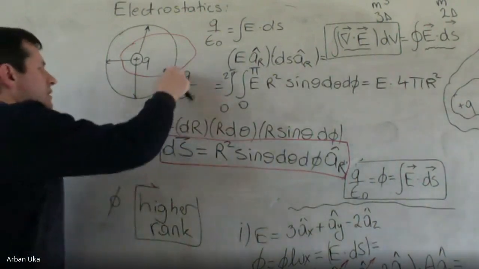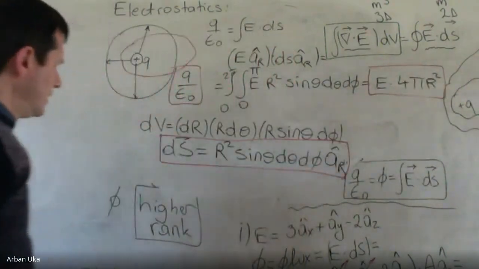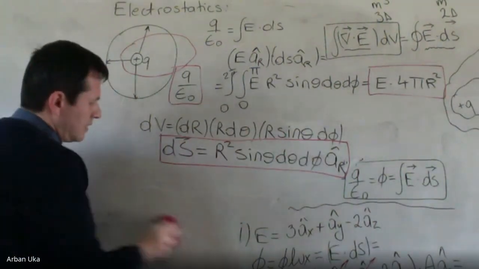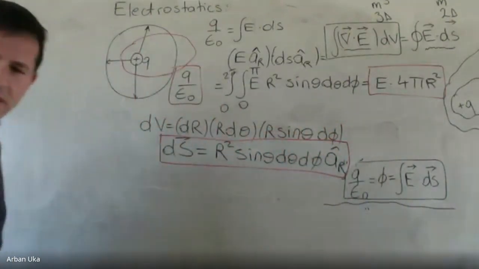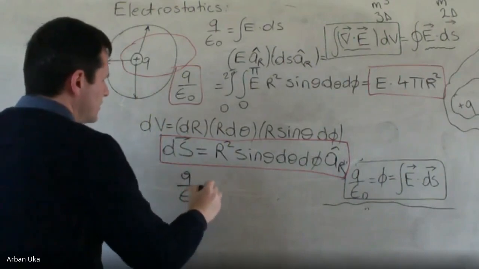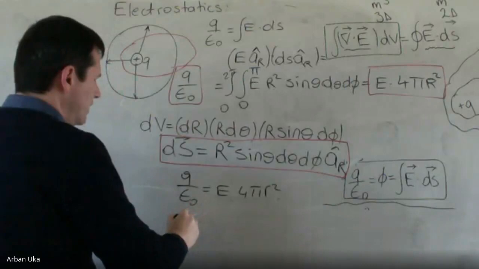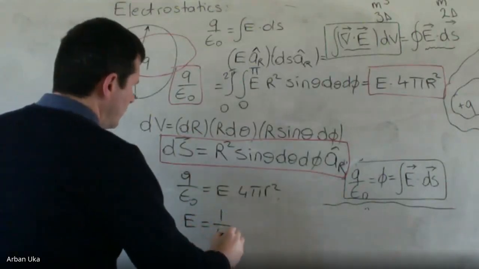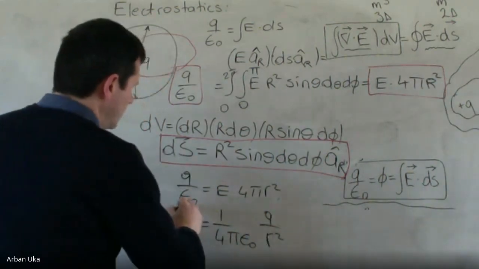So at this instant, we just see that this term is equal to this whole term. And if we equate them both, we can see that Q over epsilon 0 is E times 4 pi R squared, and the electric field is then equal to 1 over 4 pi epsilon 0 times Q over R squared.